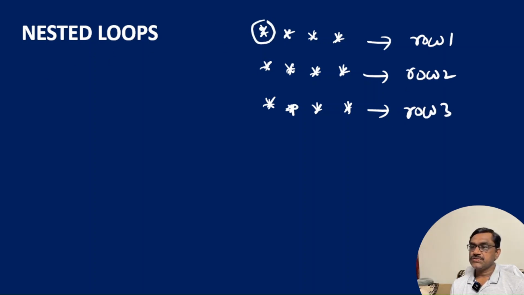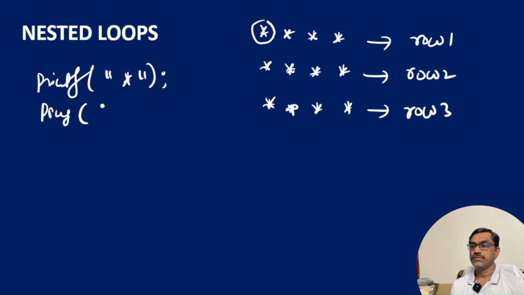To print the first star, we can use printf star, right? To print the second star, you can use printf star. To print the third star, you can use printf star.